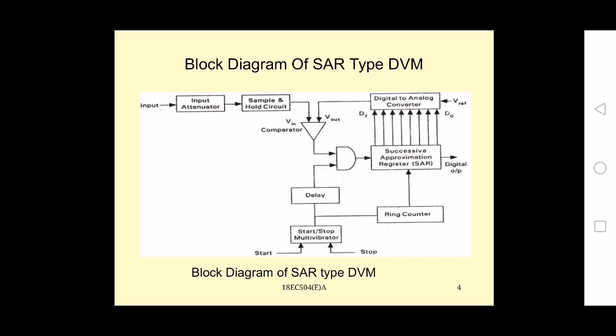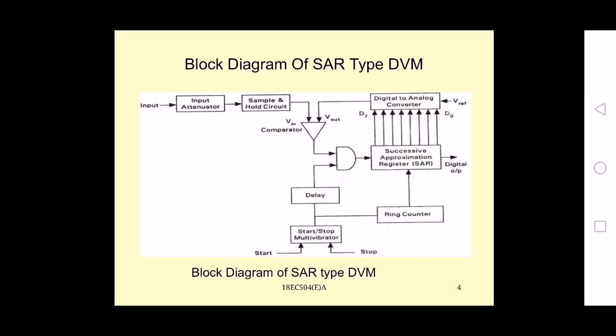That is, if V in is greater than V out, it will produce 1. If V in is less than V out, it will produce low. That is given to the successive approximation register, or control register, through the AND gate. This control unit generates the sequence of the code, which is again applied to the D to A converter.